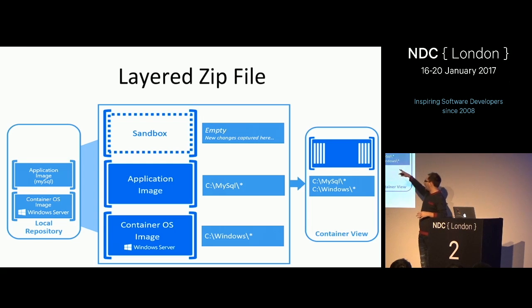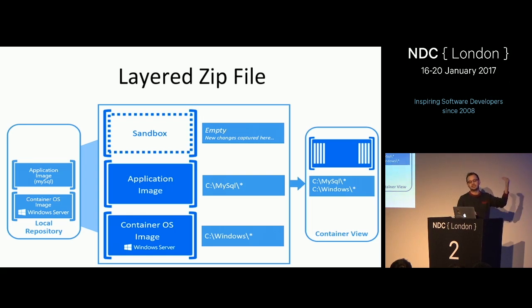As we extend and build our container image and add our own applications and customizations to it, that gets added as an additional layer on top. And as such, eventually when that starts, from a container's point of view, it looks and feels like an entire Windows virtual machine, but in reality, it's running inside of a container.